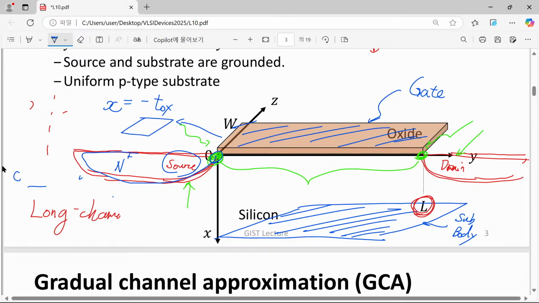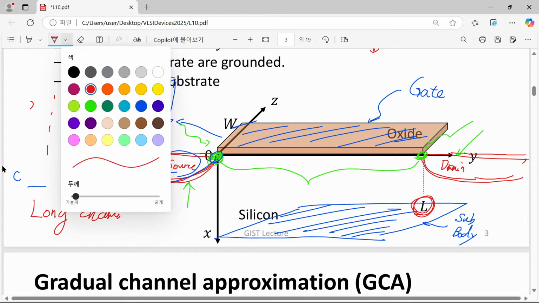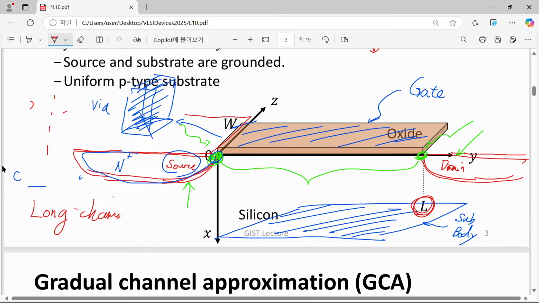In reality, we have a certain metal line or metal pillar called a via, and this via is connected to our source part.